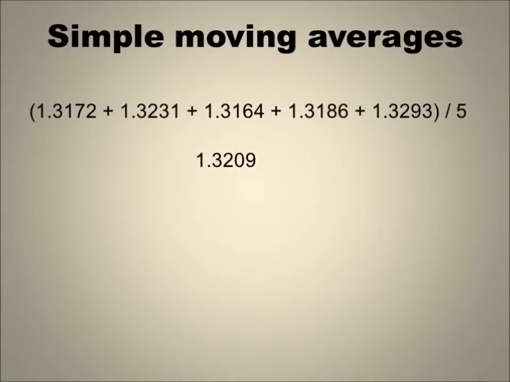Okay, so with the simple moving average, let's do an example of the 5-period SMA. We take the last 5 closing volumes as we can see here on this slide, we divide that number, and this is the average volume, which tells us where the market should be.